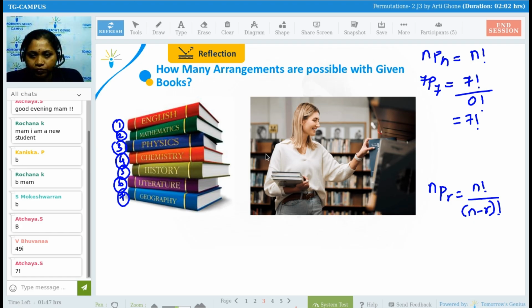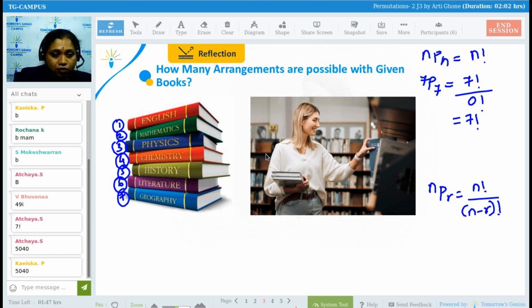Clear? Now, this is the arrangement of all these books in a library. So how many ways are there? What is the answer of 7 factorial? I have informed you to remember that chart like the tables. 5040, very good.